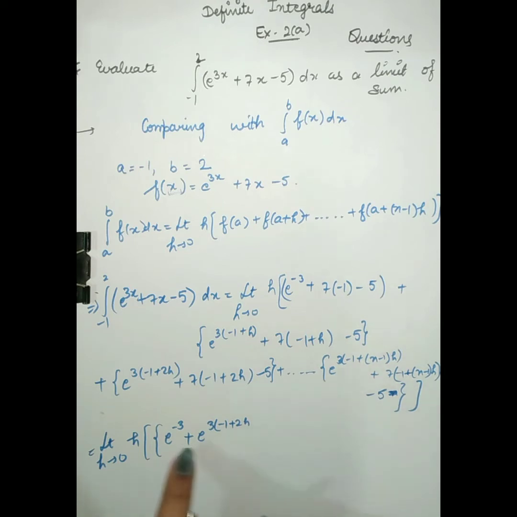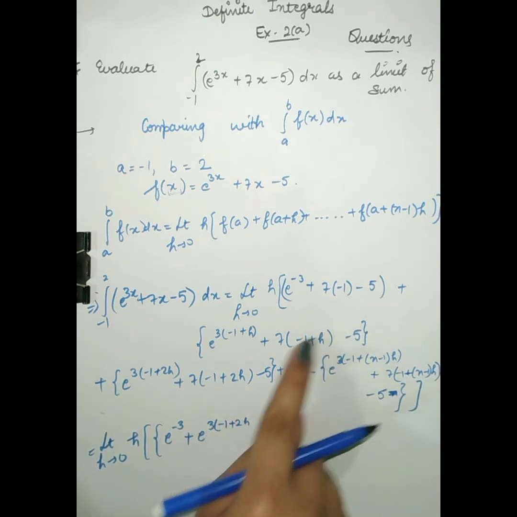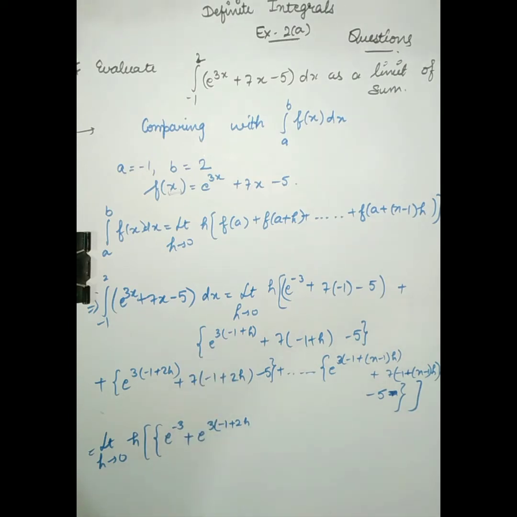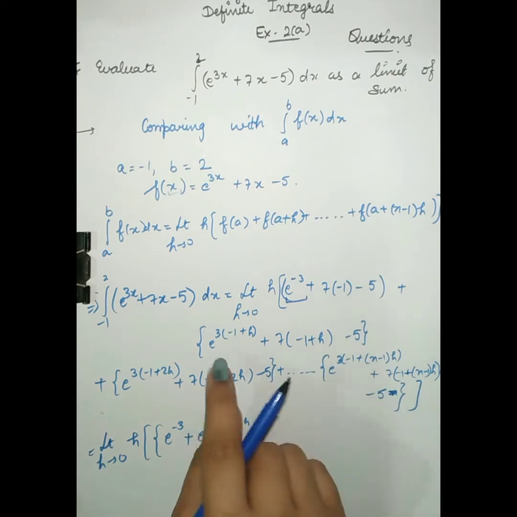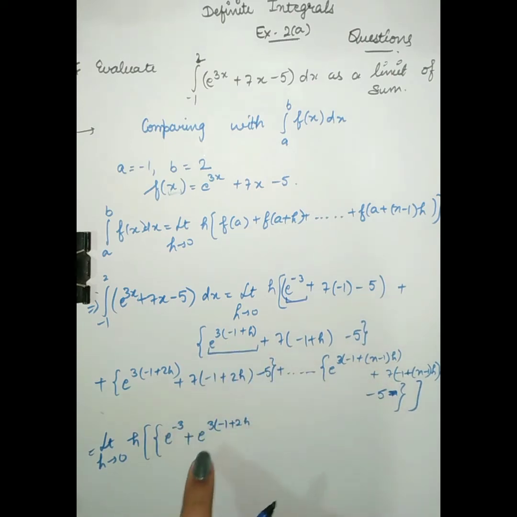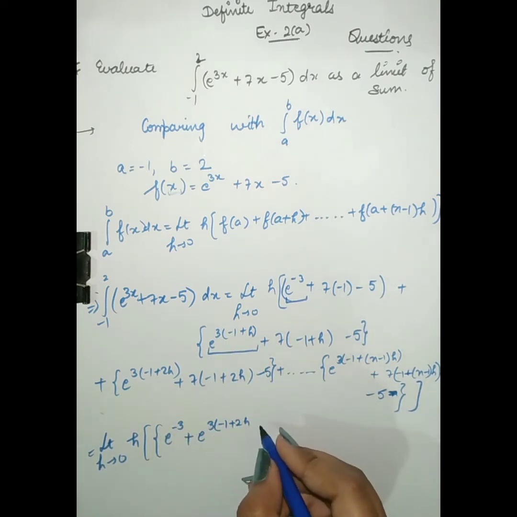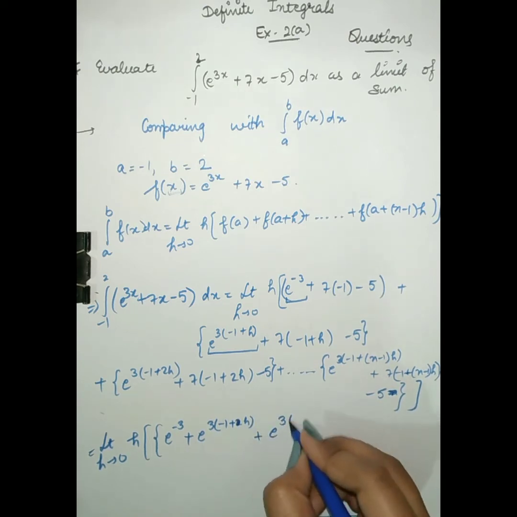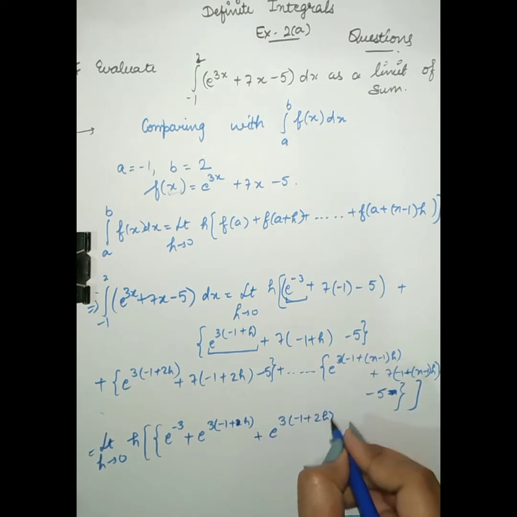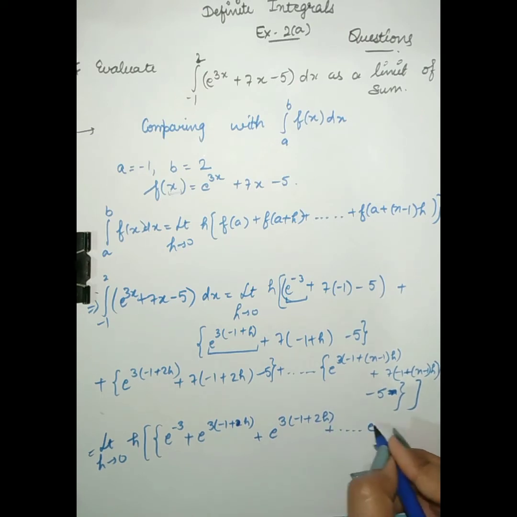If we take e raised to the power minus 3 common, we take this series: e raised to the power minus 3, then e raised to the power 3 into -1 plus h, then e raised to the power 3 into -1 plus 2h, plus up to e raised to the power 3 into -1 plus n minus 1 into h.